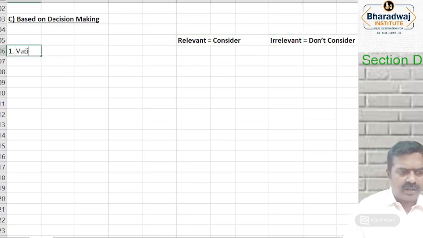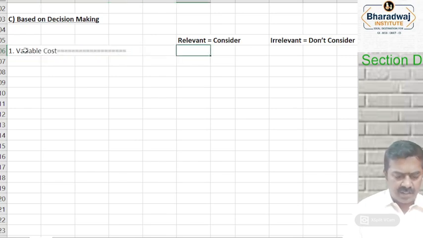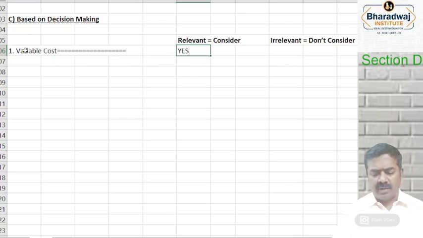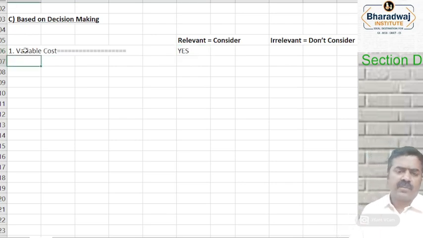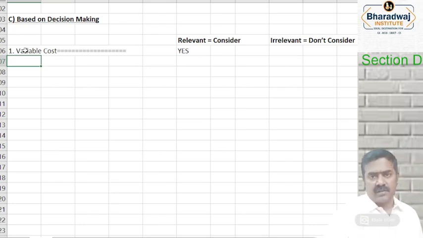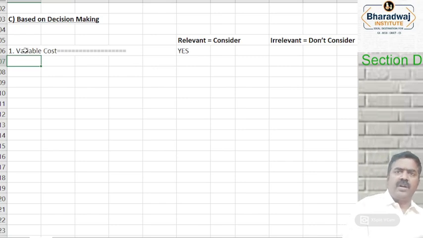What about variable cost? Yes, for every unit the variable cost comes, we'll consider. Whether to manufacture the next unit or not, you will consider which cost? Variable cost. Why? Because for every unit that I spend extra, I should get extra revenue. At least the selling price should be more than what? Variable cost, so yes, variable cost will be considered.